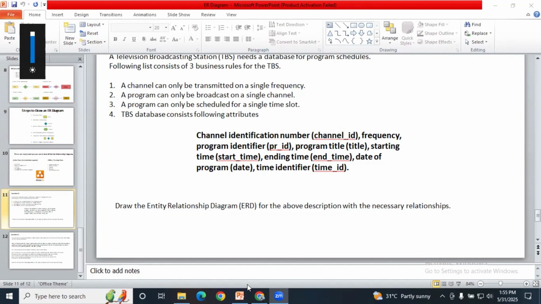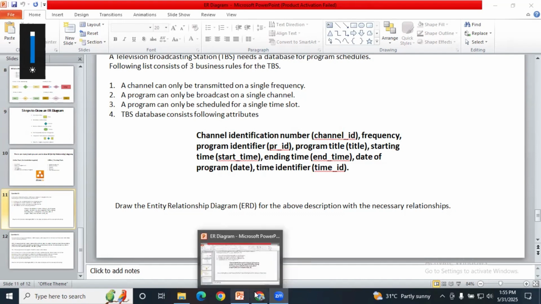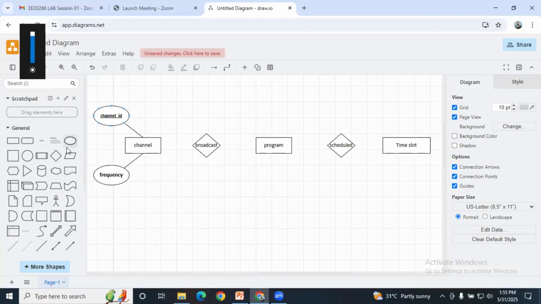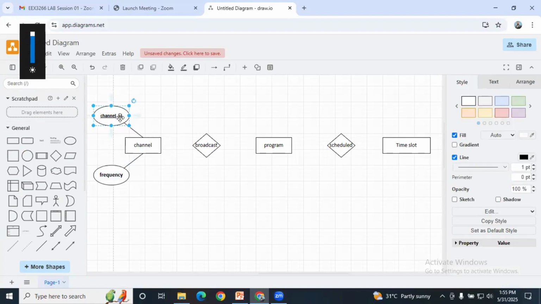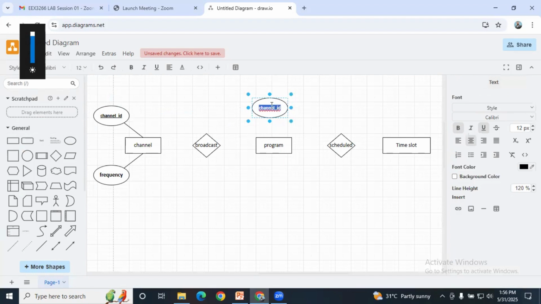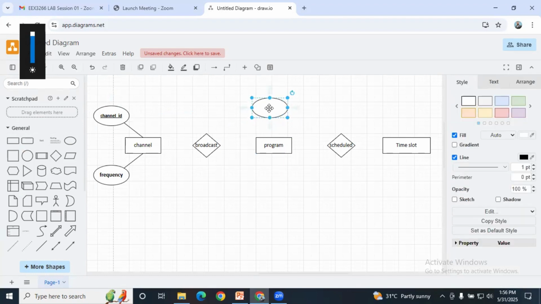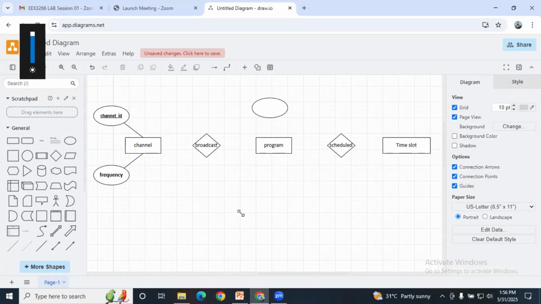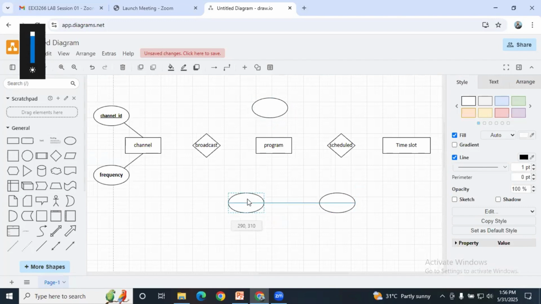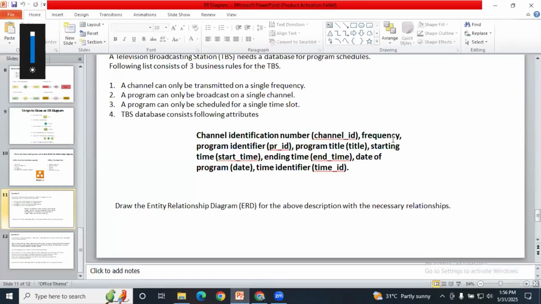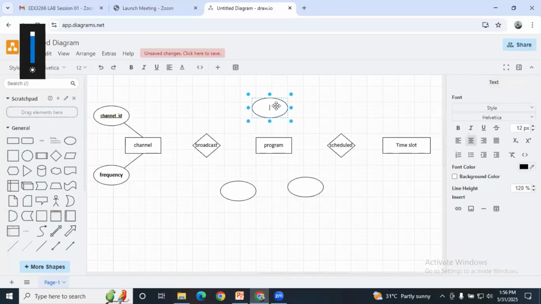In here, you want to mention them using the oval shape. We can include 3 attributes for the program entity. What is the first one? First one is PRID, program identifier. So you can assign it to here.